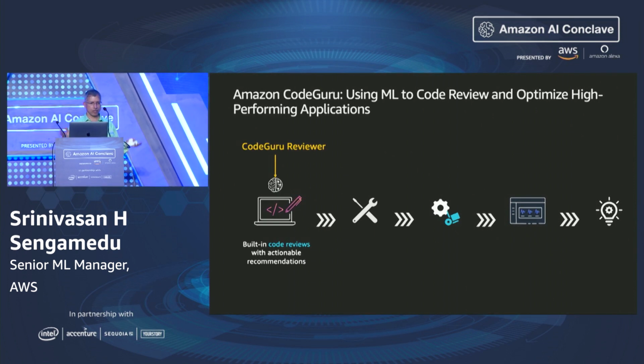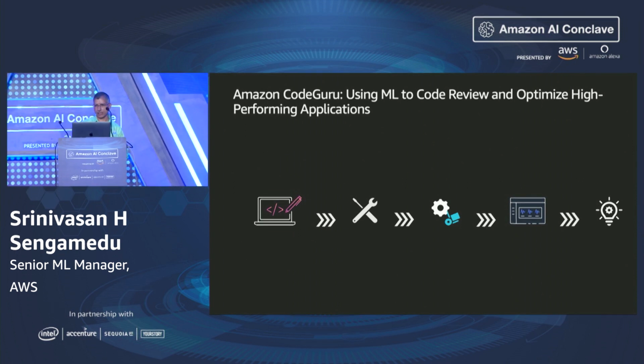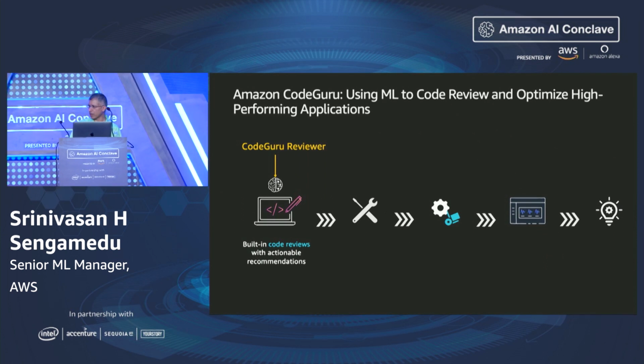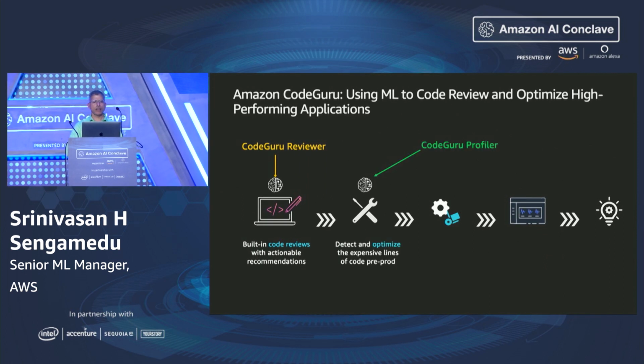So this is the cycle we saw earlier about multiple phases of writing code, building, deploying, and so on. And CodeGuru reviewer fits into the early part of the cycle. You get code reviews with actionable recommendations as a part of your standard code review process. And the profiler can be used in pre-prod to detect and optimize for expensive lines of code.